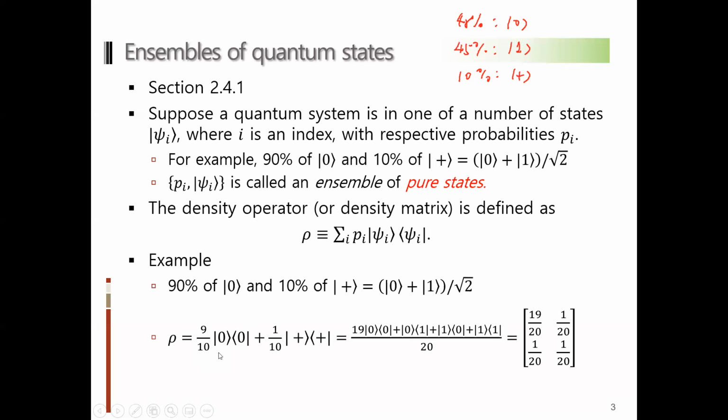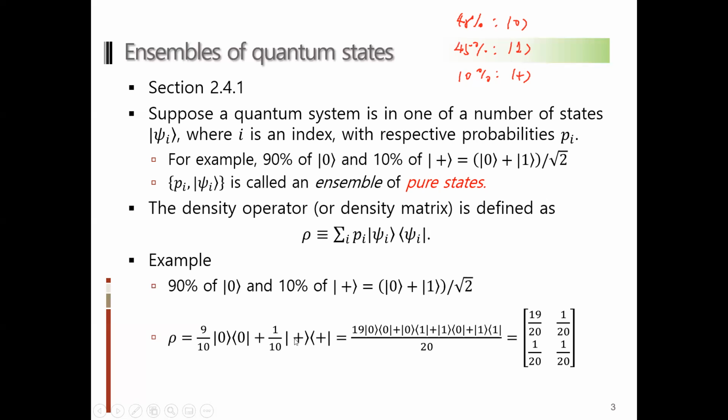All we have to do is multiply the 90% probability to the ket-bra of 0, which is the outer product of the same pure state, and also add the 10% multiplied to the ket-bra of the plus state.